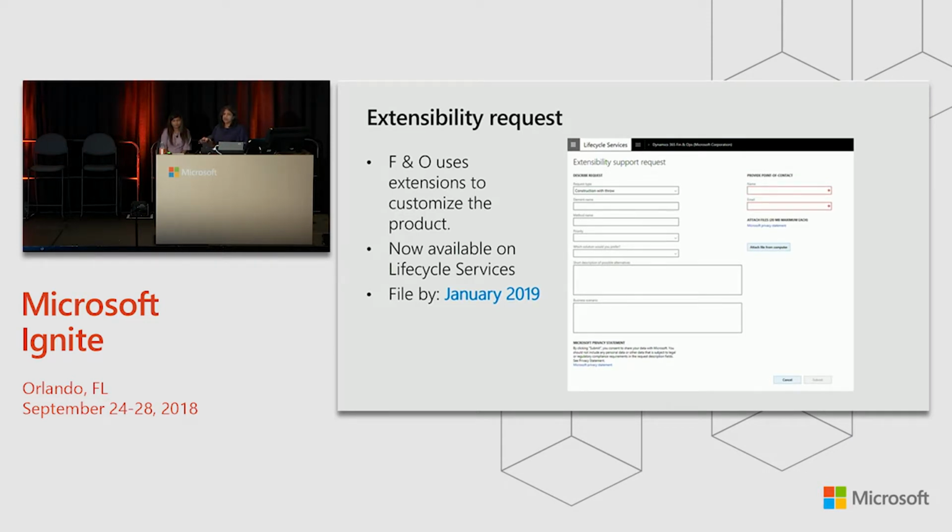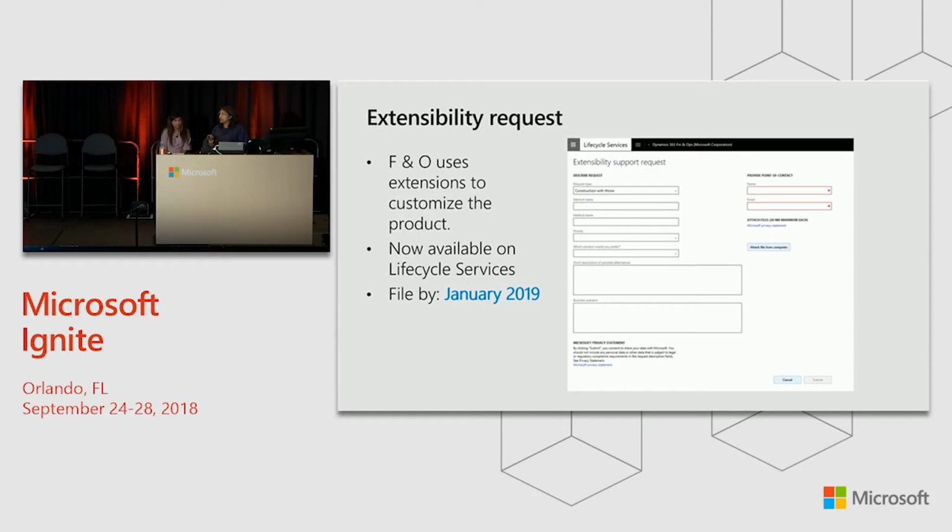This comes directly into our engineering team, who are continuously monitoring, prioritizing, and fixing these issues so that you will have extensions available that you can code to and plan to move to 8.0. One of the things that we are encouraging you to do is to file these requests by January 2019, because we do need a lead time to fix these issues, and going by the life cycle and how long we will continue to support 7.3, we need this lead time for us to fix and make these extensions available to you.